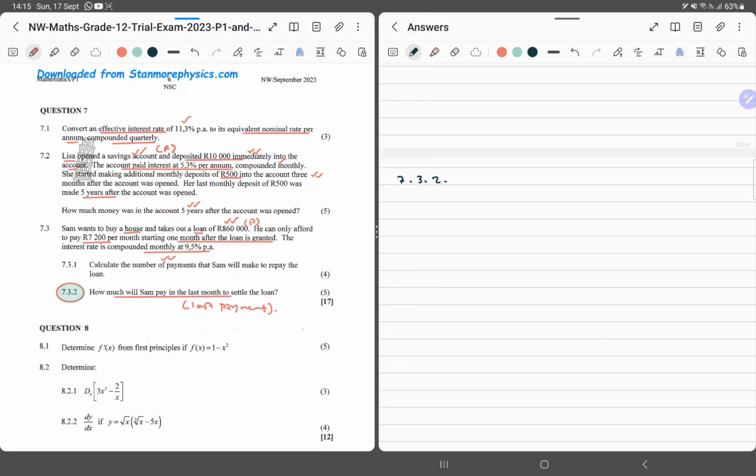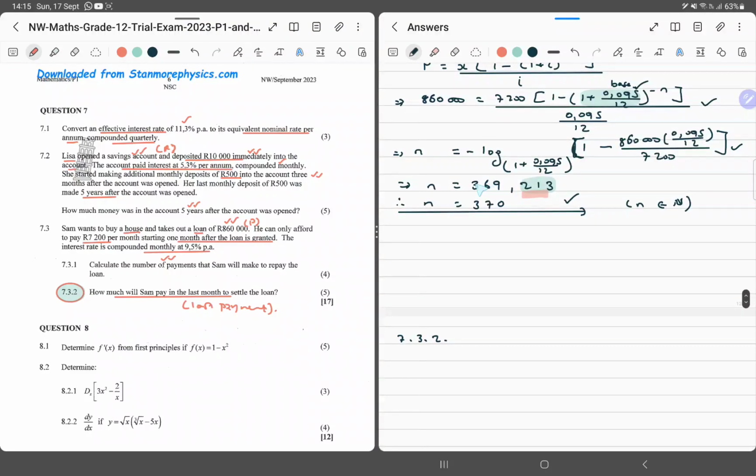Okay, now the last payment. Guys, remember, after we've paid 369 payments, there is going to be a 0.21 some change there. Now my problem with that is this one. Those decimals, maybe it was fair to write them all. So let me start again. Now I gave myself a steep hill. Oh Lord.